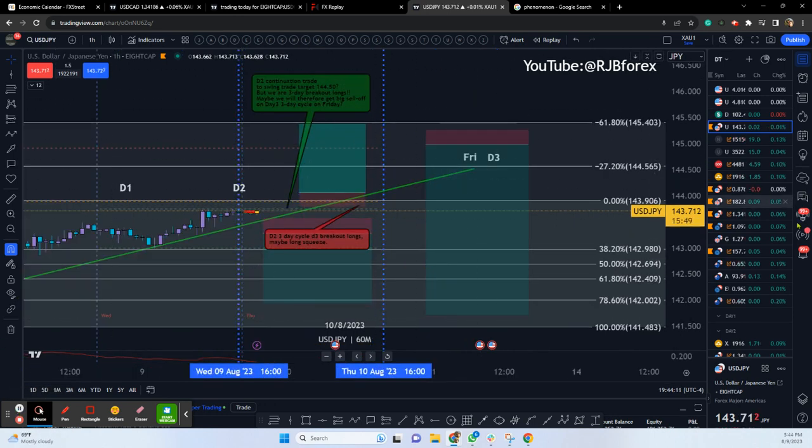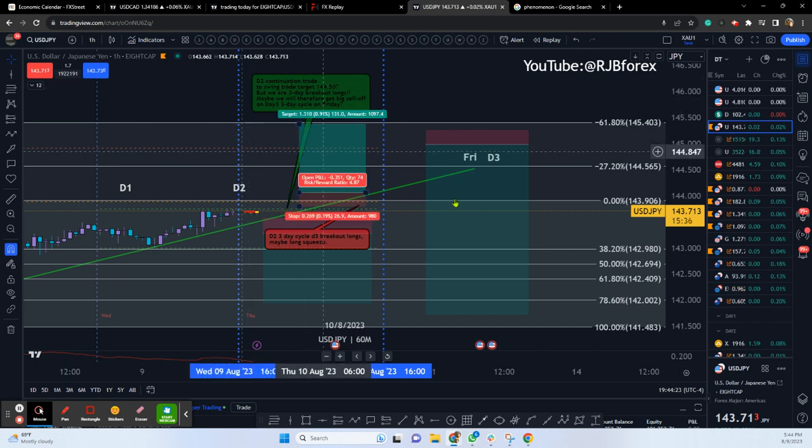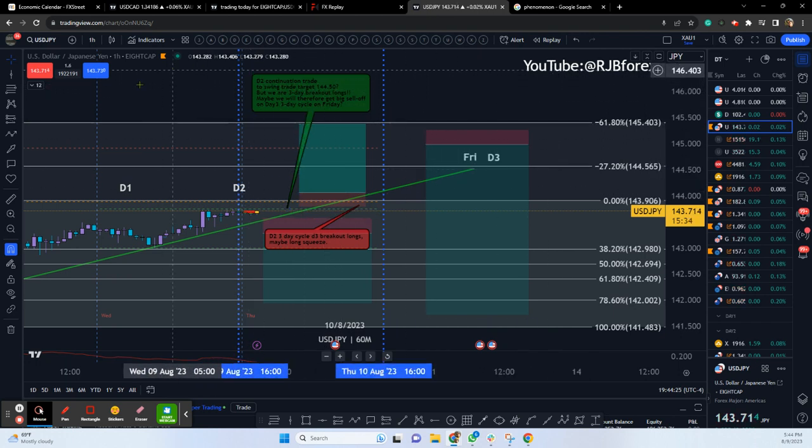Okay, so those are the two possibilities out of three, which could just be sideways consolidation, unlikely on CPI day. And then, so day two continuation trade to swing trade target 144.50, but we're in a 3 day cycle breakout longs. We talked about that. Maybe we will therefore get a big sell-off on day three of the 3 day cycle.